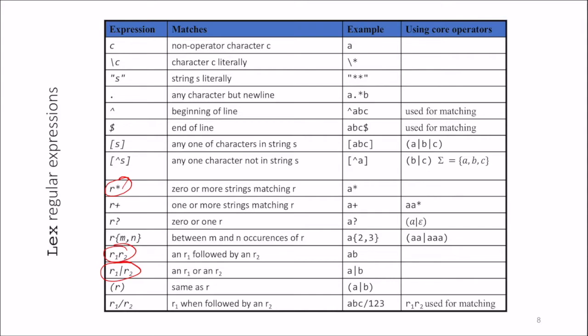But there are a lot of useful operators like we saw. By looking at the LEX definitions and the LEX practice on the course website, you should get more familiar with all of the different ways of using regular expressions if you haven't already used them extensively.